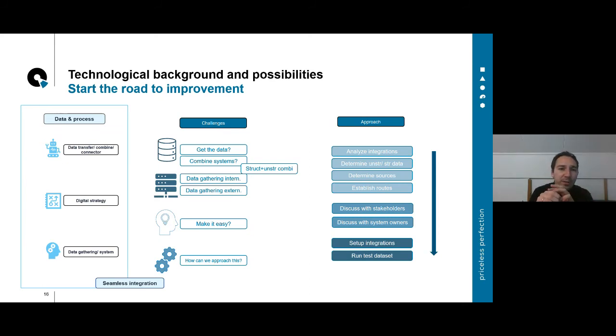So by combining this, for example, the data gathering with the data gathering software, or making use of data connectors like robotic process automation or APIs in the first or second instance, then you are able to mitigate the data process challenge. So if we move to the next slide.